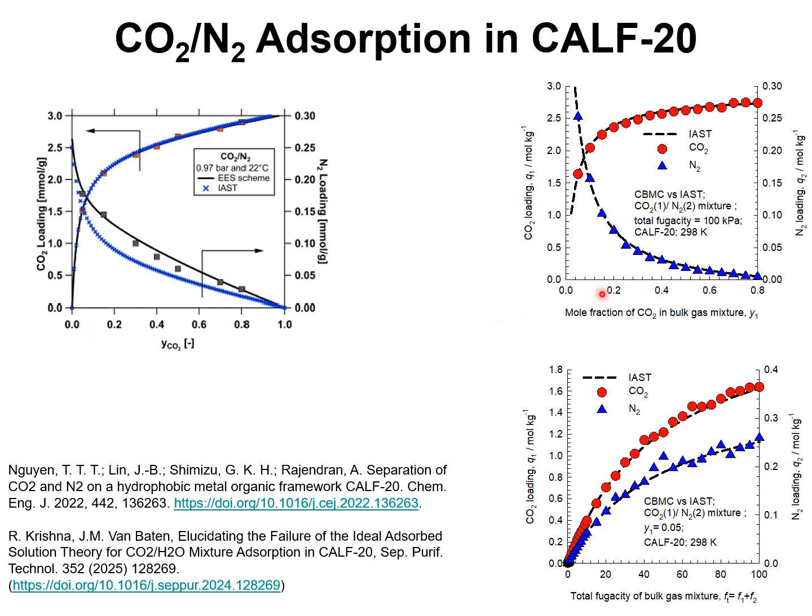In order to further verify that the IAST predictions for CO2 nitrogen adsorption are in good agreement with the data from molecular simulations, we carried out another set of molecular simulations in which the composition of the bulk gas mixture is maintained at 5% CO2, and the total fugacity of the bulk gas phase mixture is varied from 0 to 100 kilopascals.